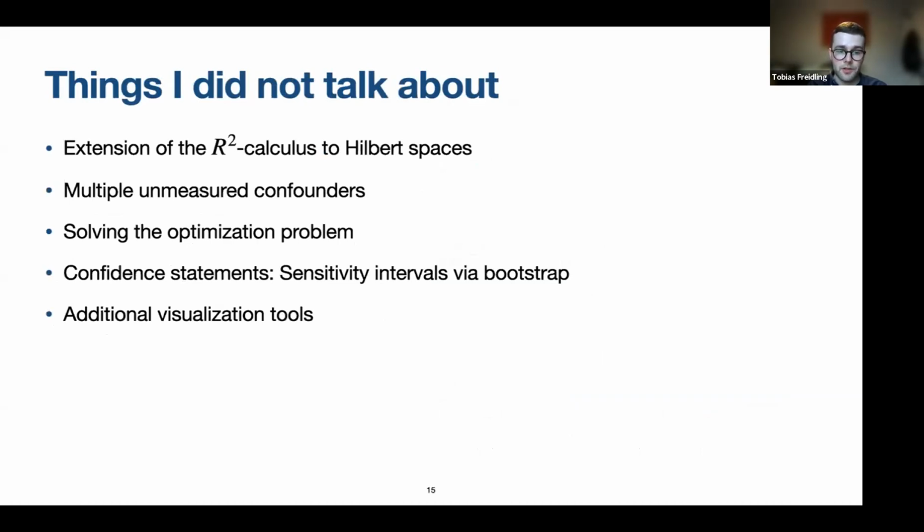Moreover, we also talk about how we solve the optimization problem that results from posing R-square related constraints, and we investigate more the coverage probability of different approaches to construct sensitivity intervals. Moreover, we offer some additional visualization tools for applied researchers.